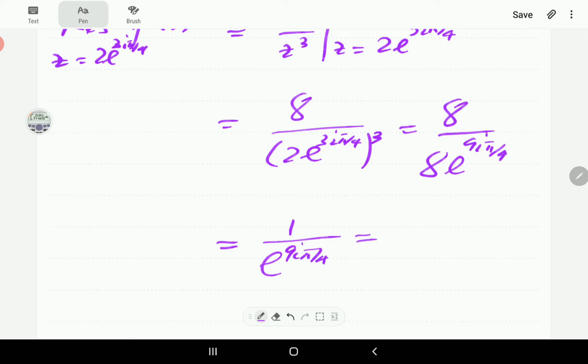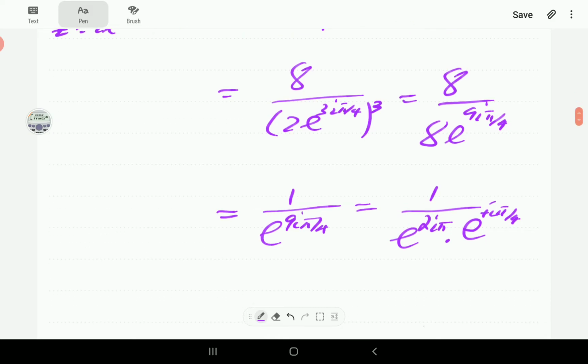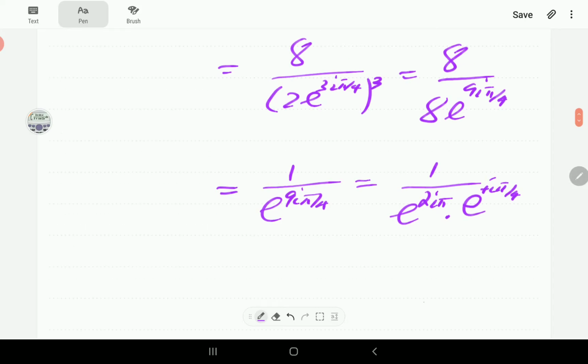However, e to the 9i pi on 4 we can write as e to the 2i pi times e to the i pi on 4, because 9 pi on 4 is 2 and a quarter pi. But e to the 2i pi is 1.